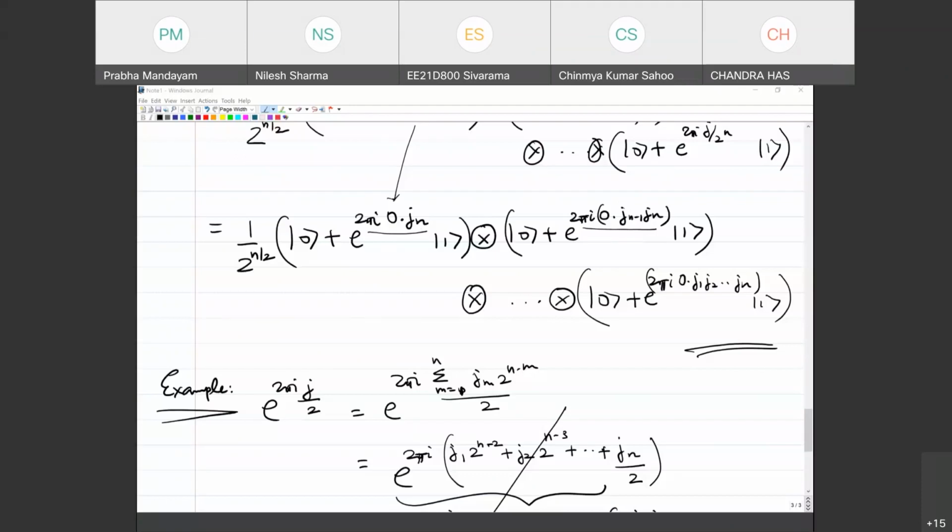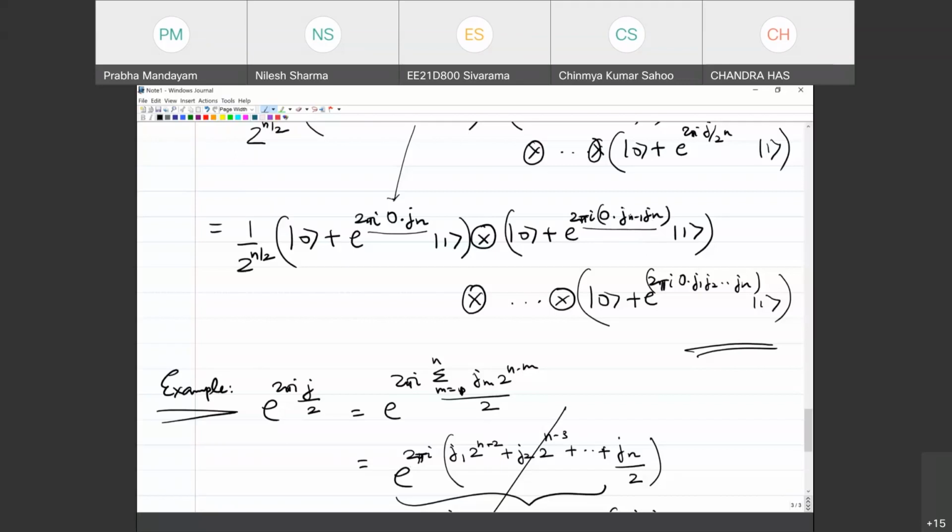Similarly here, depending on whether jn and jn minus 1 are both 0, or one of them is 0, or both 1, I will have some non-trivial phase here. The rest of the bits will not contribute because they will all accompany some power of 2 times 2 pi. Okay, it's only when I have fractional powers of 2 will the bits contribute to some non-trivial phase.